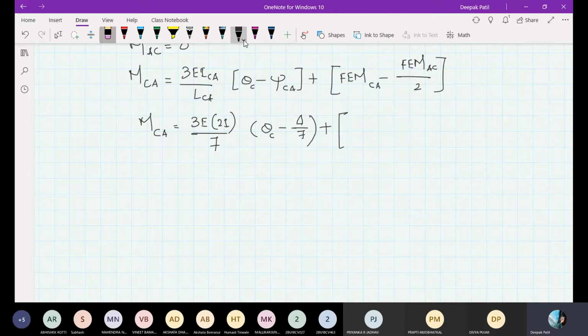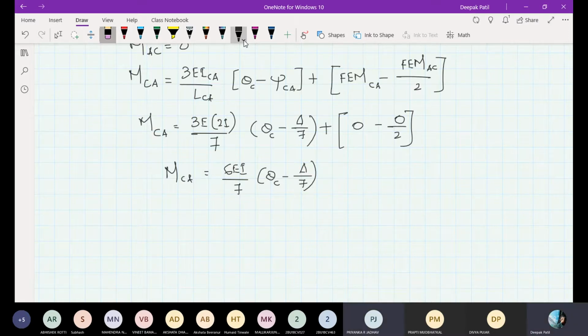We already found that fixed end moment CA is 0, and fixed end moment AC is also 0. So your equation will be something like this: MCA is equal to 6EI over 7 theta C minus delta by 7. Have you understood this, students?